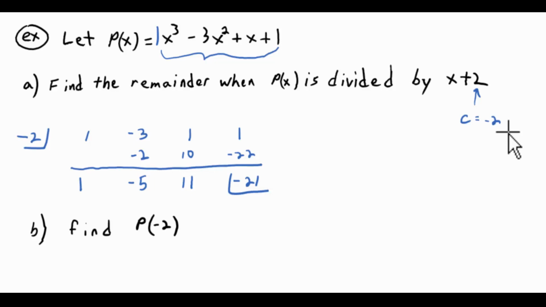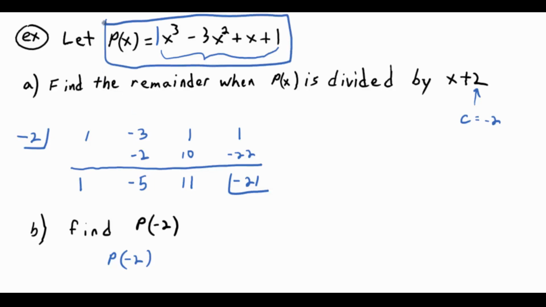Now we're just going to find it the old-fashioned way by plugging it in. So P of negative 2, what does it mean? Function notation, P of negative 2, what does that mean? Polynomials are functions, by the way. I didn't prove that, but they do pass the vertical line test. We're going to talk about how to graph these things in the next section. You'll see that they pass the vertical line test then.